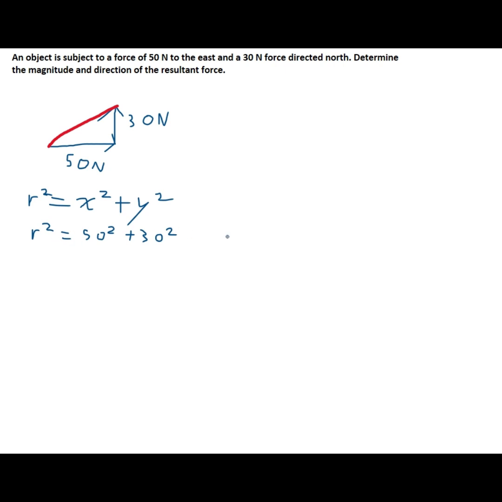Now, to get the resultant, we'll need to take the square root of that, which means that the resultant is simply the square root of 50 squared plus 30 squared, which is equal to 58.3 newtons.